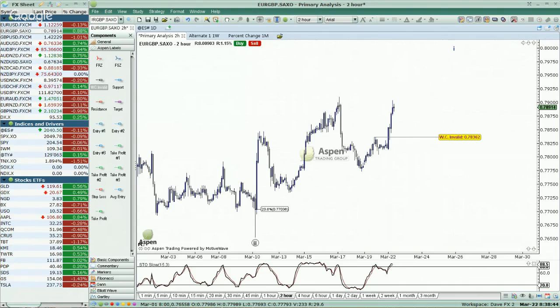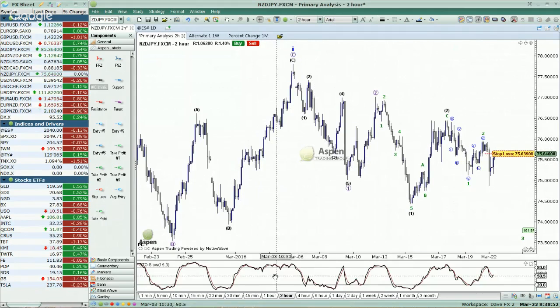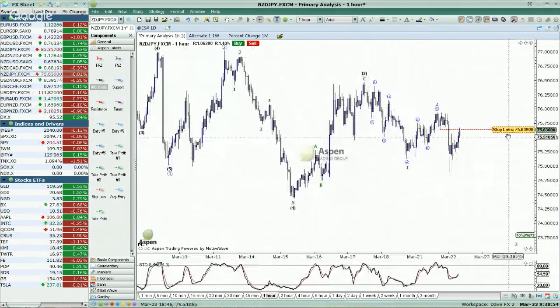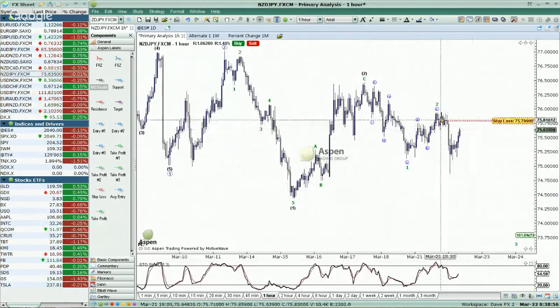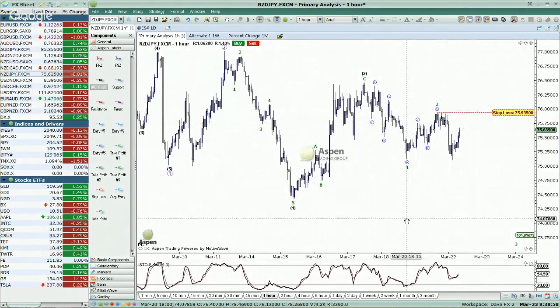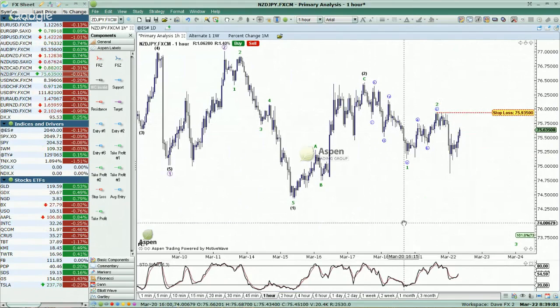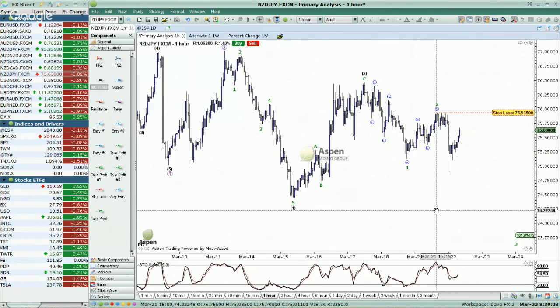If the S&Ps are to break to the downside, as I highlighted, Kiwi Yen has the requisite technical picture in place to move lower. But unless the S&Ps move lower, that will not happen.